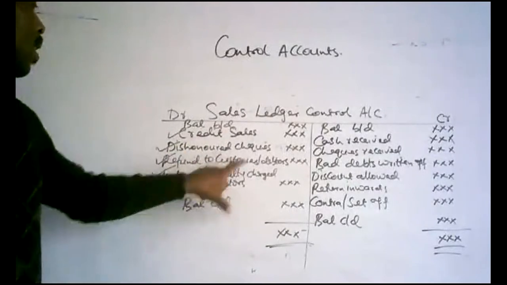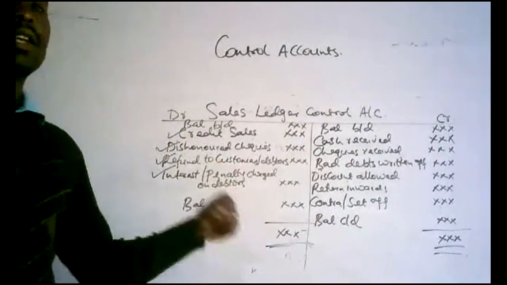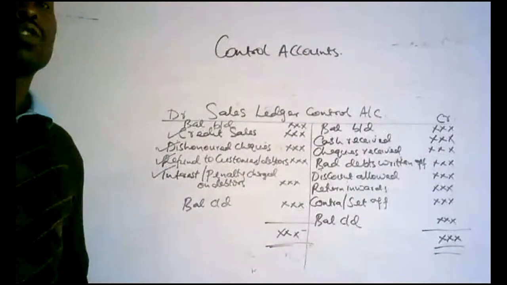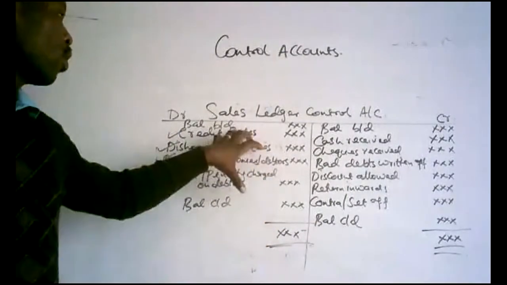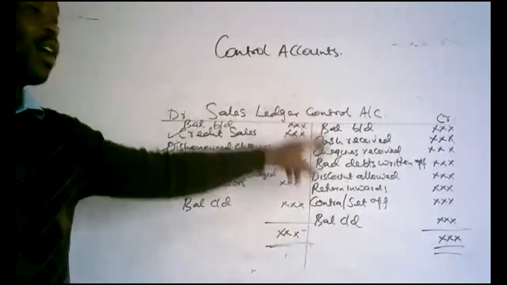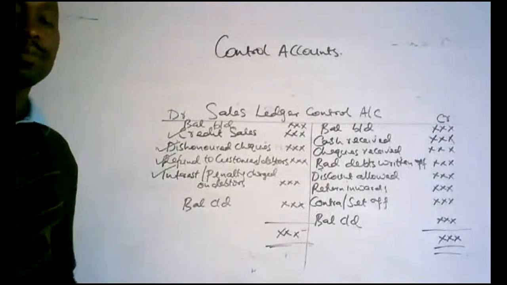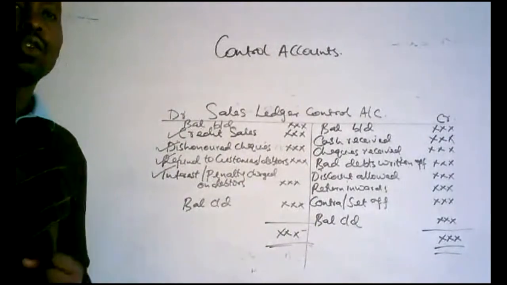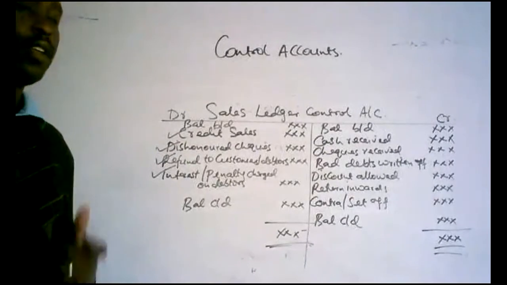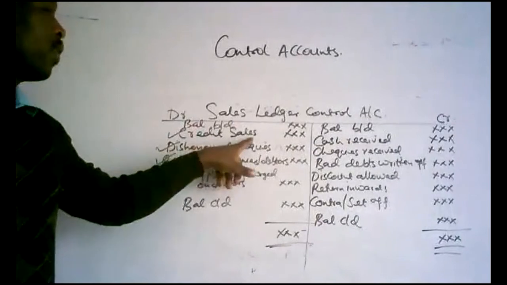They must be related to customers, because you can find a dishonored check that was issued to suppliers. You only take what was from the customers, because the sales ledger control account controls the debtors, who are actually customers.